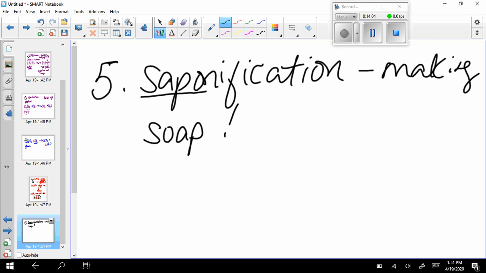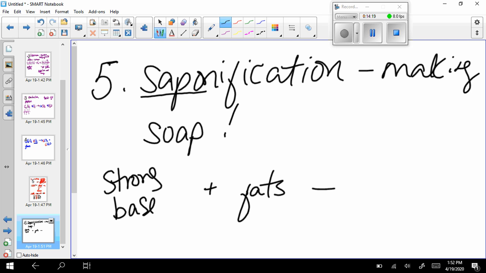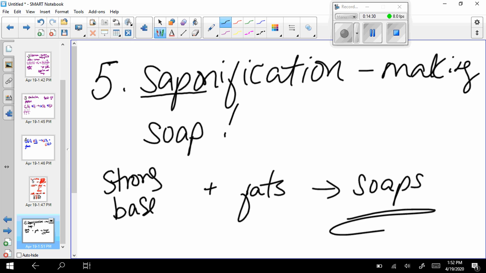All of that is a massive industry. The way that you make soap is you put a strong base and fats together, and that will make soaps. These are usually just word problems when you see them in Regents chemistry, but it's an important reaction because it makes soaps.